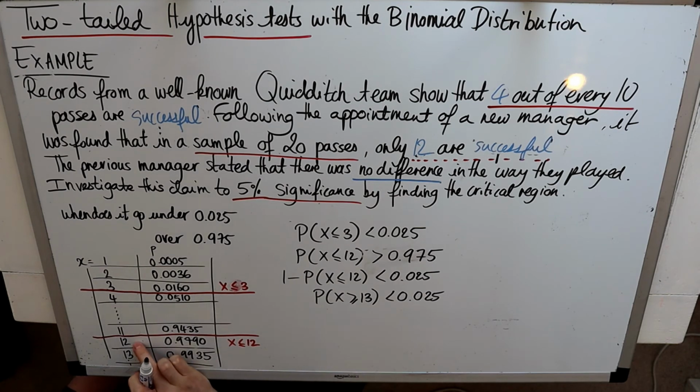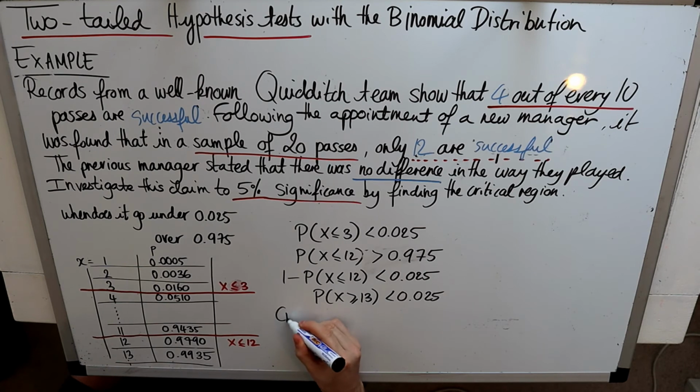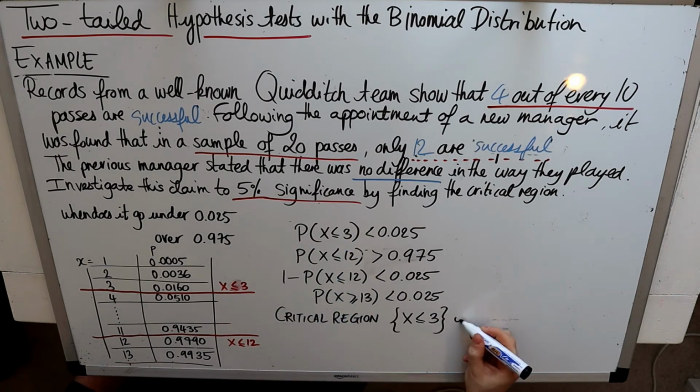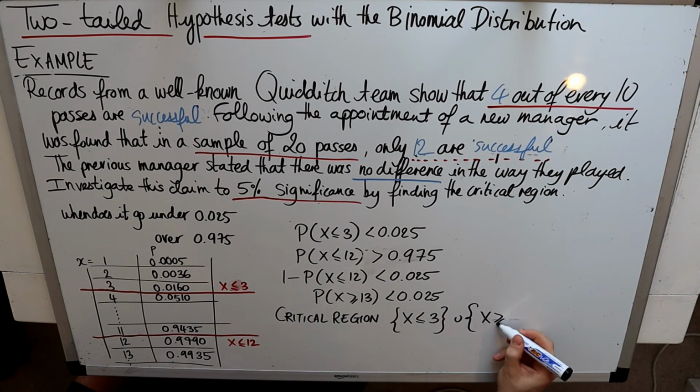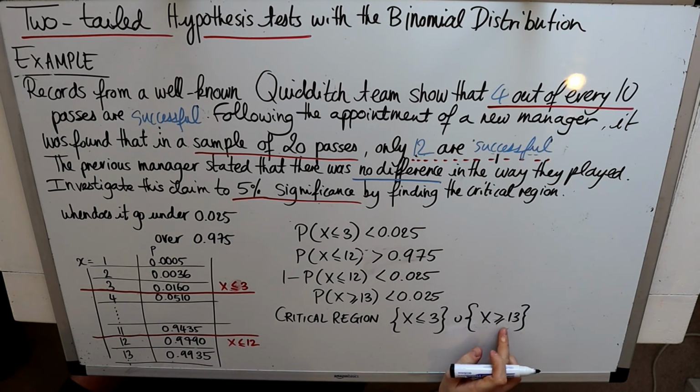So this number here will usually go up by 1 when you're dealing with it the other way around. So my critical region is anything under 3, but also anything over 13, including 13.